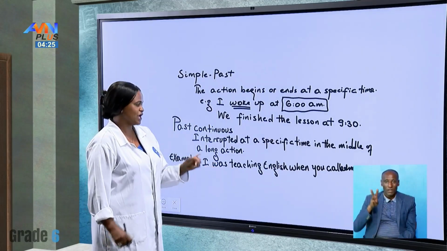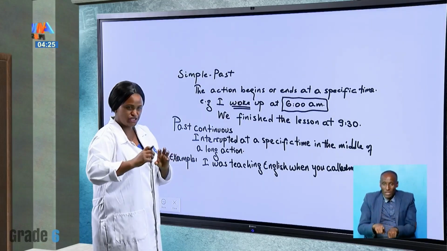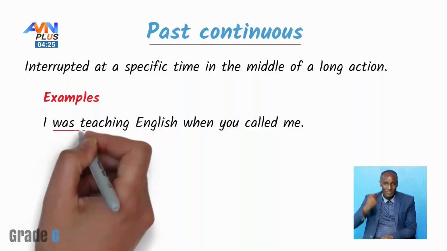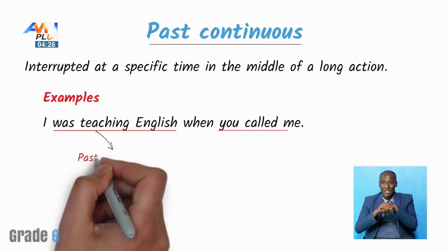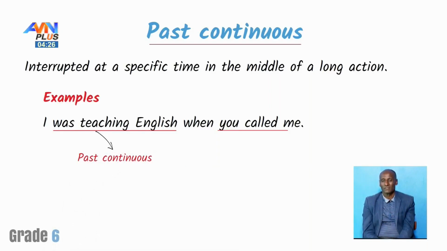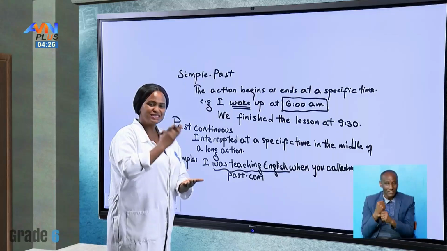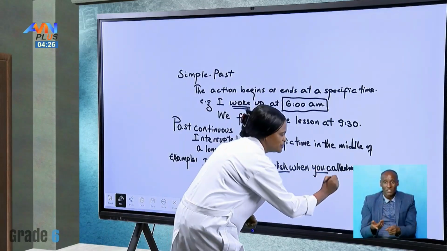All right? Yes, how many activities do we have here? One, we have a long action. Was teaching English. This is the past continuous. Right? Okay. Then another action interrupted this continuous action. What was that? You called me.